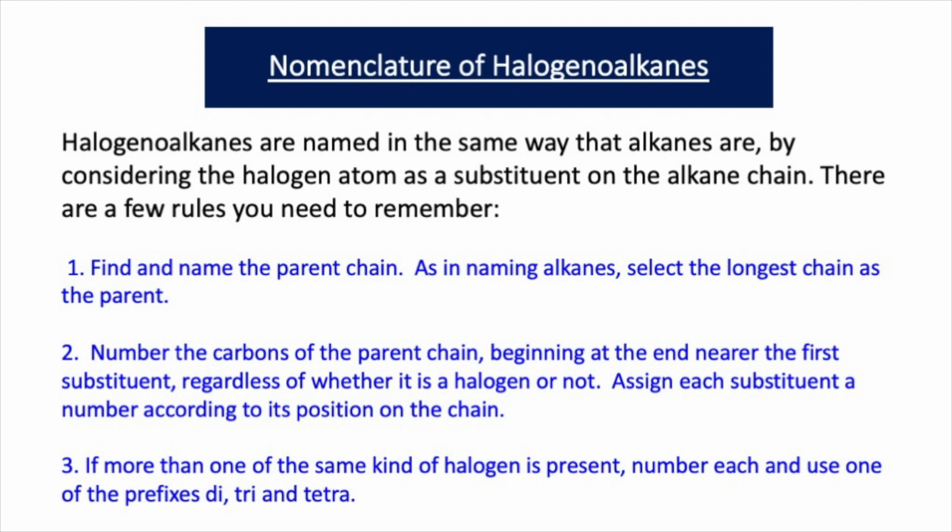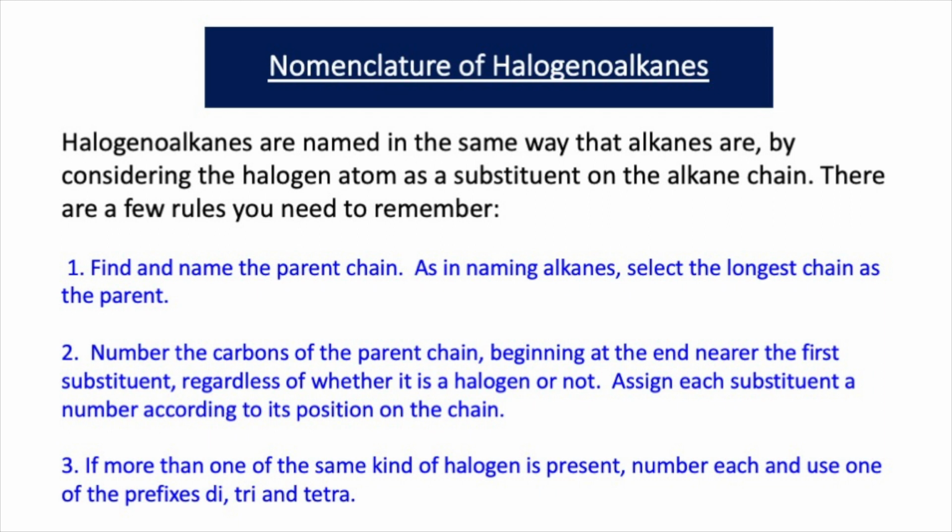The first rule is that you need to find and name the parent chain. Now, as in naming alkanes, you have to select the longest chain as the parent chain. And then the second rule is you have to number the carbons of the parent chain, beginning at the end nearer the first substituent, regardless of whether it is a halogen or not.